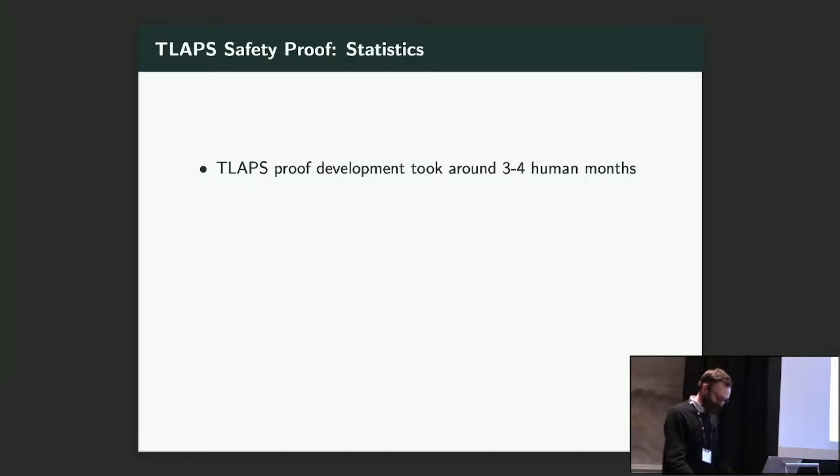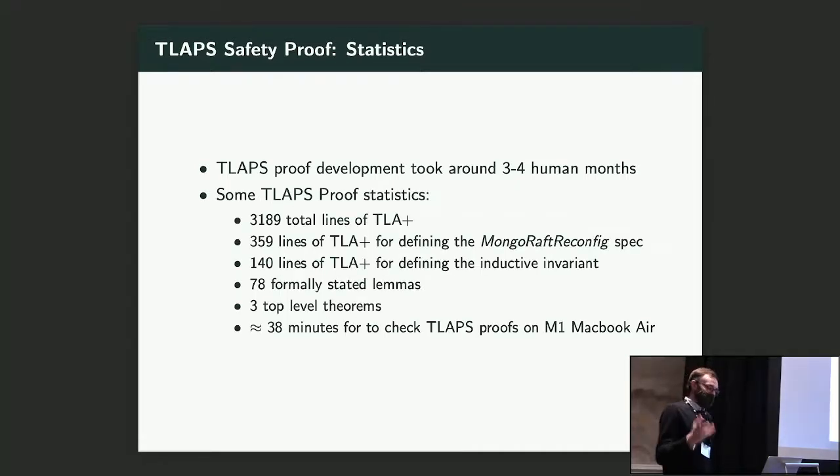So in terms of some statistics and details of the proof effort, its development took around 3 to 4 human months of work, and this is not including the time to develop the inductive invariant. In total, it's around 3,200 lines of TLA+, of which there are around 360 lines just for defining the protocol specification itself, and 140 lines just for defining the inductive invariant itself.